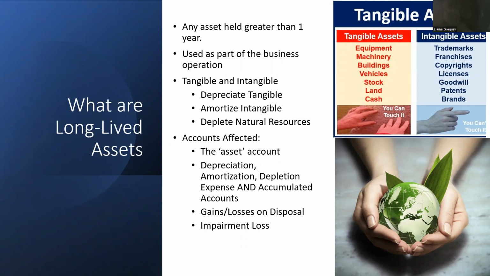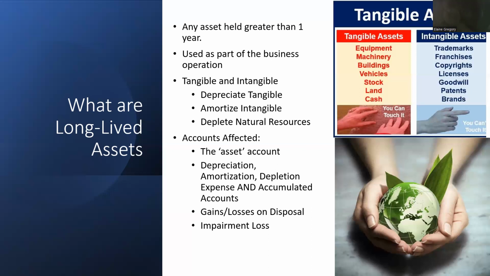But you can have some type of support, some document, a patent, a license, a franchise that shows that you have an intangible asset. Just a reminder, we depreciate tangible fixed assets, we amortize intangible assets, and we deplete natural resources.